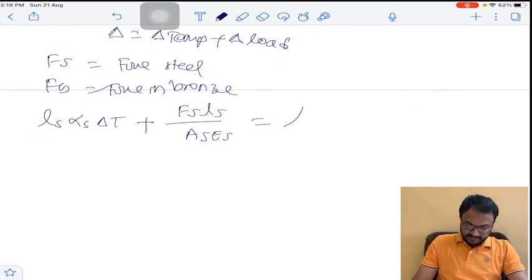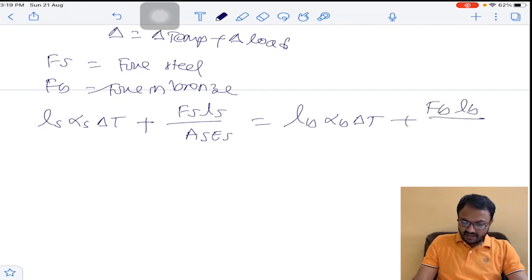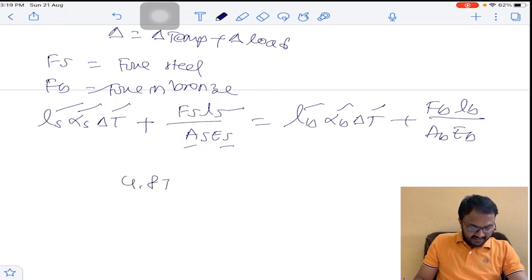That is equal to Lb alpha b delta T plus Fb Lb divided by Ab into Eb. If you substitute these values, L alpha delta T, Ls, As, Es, you can get an equation like 4.878 Fs minus 12.2 Fb equal to 360.